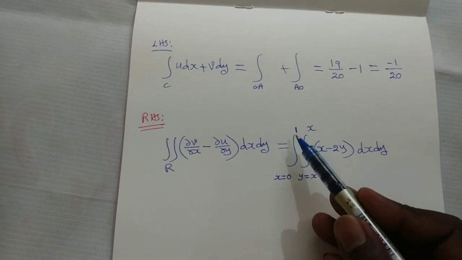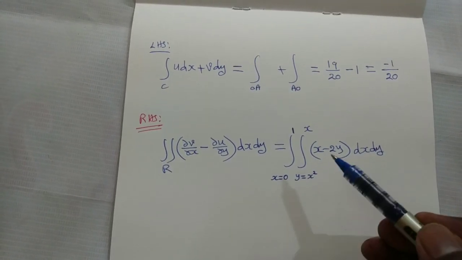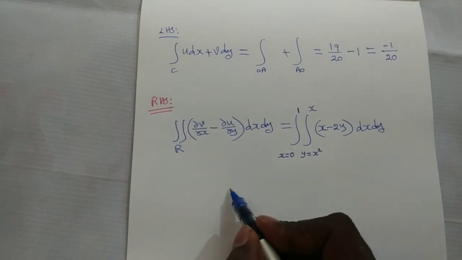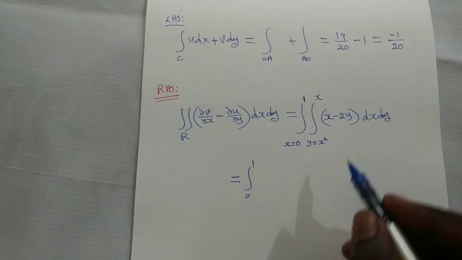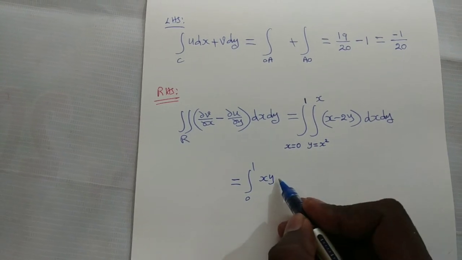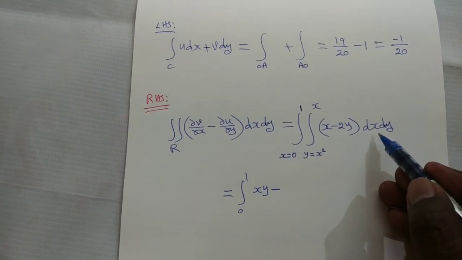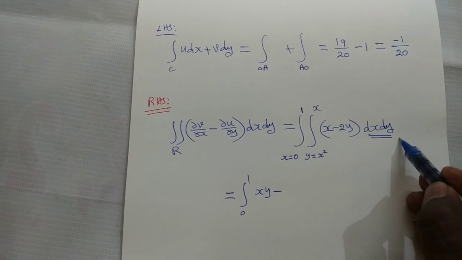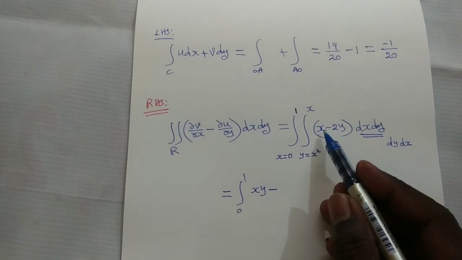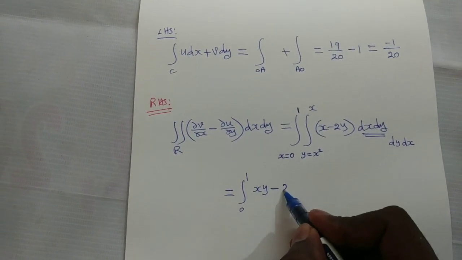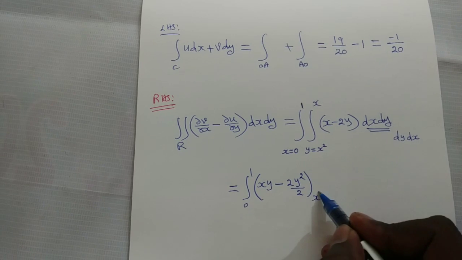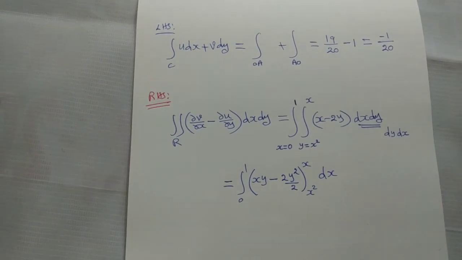The x limit is constant and the y limit is variable, so I integrate with respect to y first, that is dy dx. The integral from 0 to 1 of x times y minus 2y, whose integral is y square by 2, with limits x square to x, and the remaining integral with respect to x.